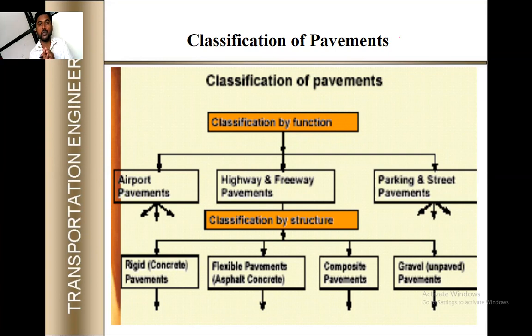If a combination of both is provided, first layers are of the flexible pavement, then we provide the rigid pavement, that is the concrete layer, then it is called composite pavement. Then gravel pavement, if the road is provided with gravels.